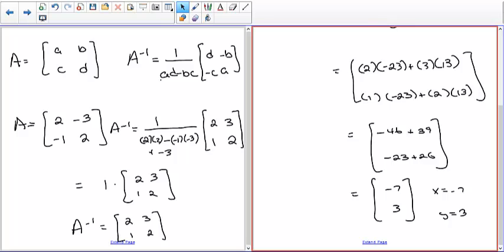2 using augmented matrices, 2 using finding the inverse and multiplying it, A inverse times B. Okay, they're all going to be 2 by 2s. So again, you need to understand the process, not just write down what I've done here, because if you don't, it's not going to make any sense.